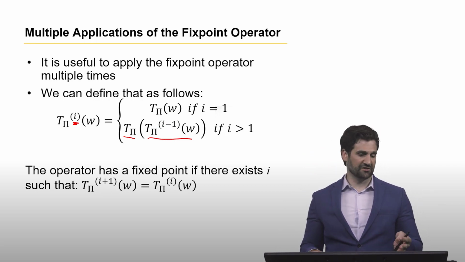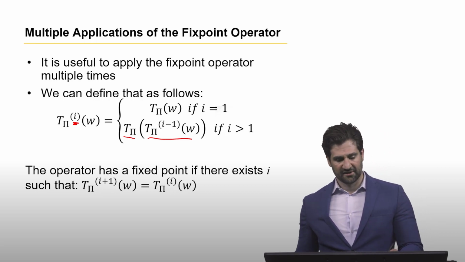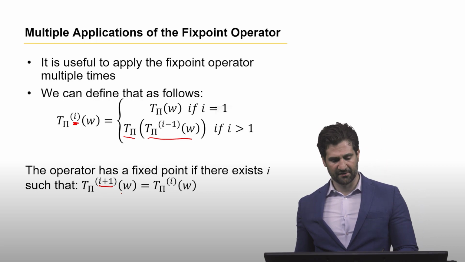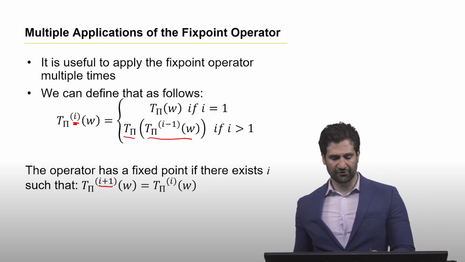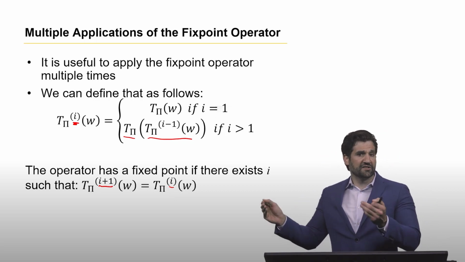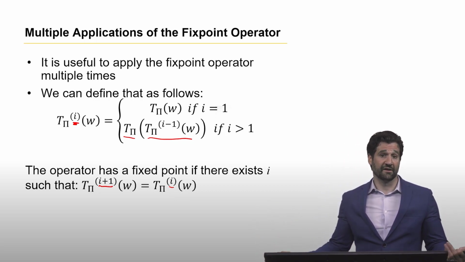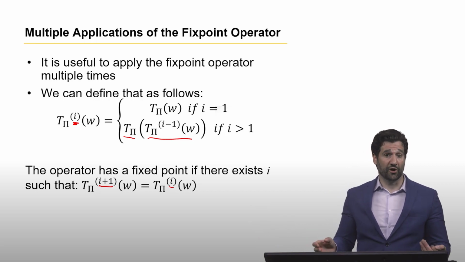Now here's the punchline. We say that a fixed point exists if T pi I plus 1 of w equals T pi I of w, because once you're here, if you apply T any more times, you're just going to get the same thing over and over again. So you're done. That's a fixed point.